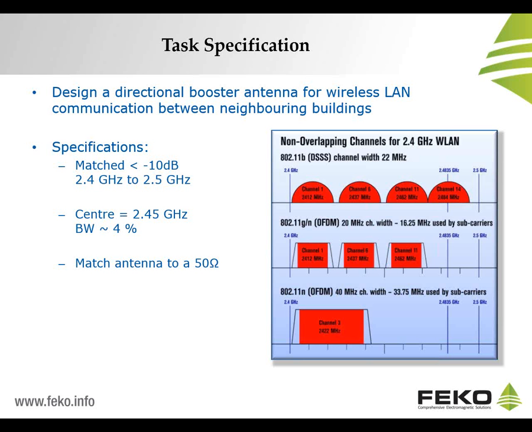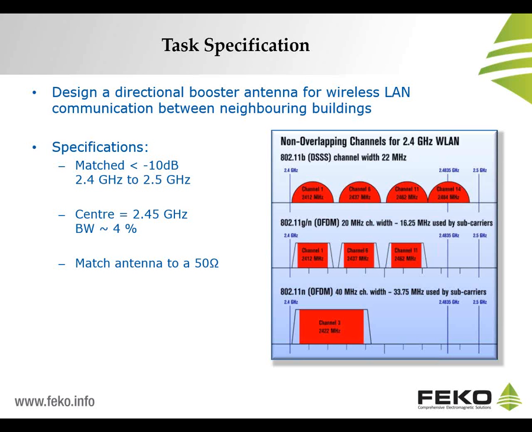What I'm going to do today is to try and match this antenna that we are designing to better than minus 10 dB reflection coefficient for S11. I'm going to try and match it between 2.4 gigahertz and 2.5 gigahertz.